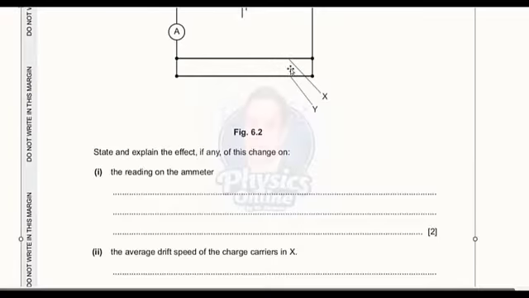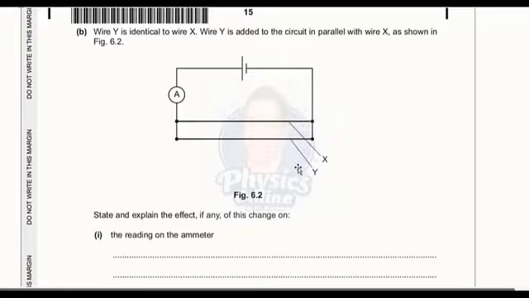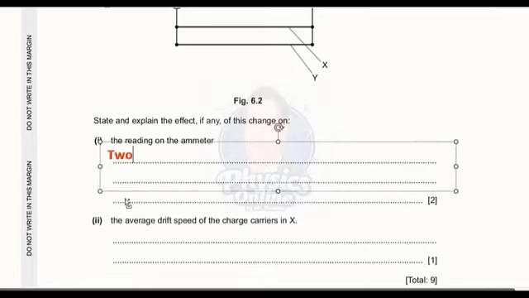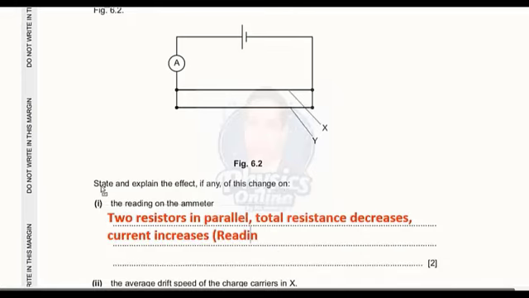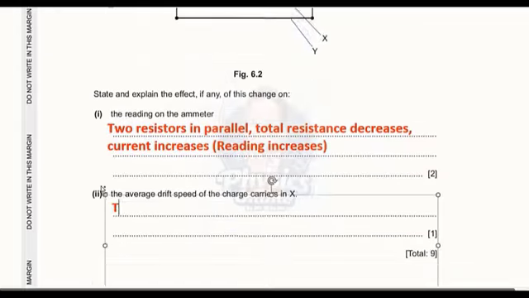Adding another wire in parallel will cause the total resistance to decrease to its half, because they have the same resistance. Two resistors in parallel, total resistance decreases. Of course, the current increases, so the reading on the ammeter increases too.